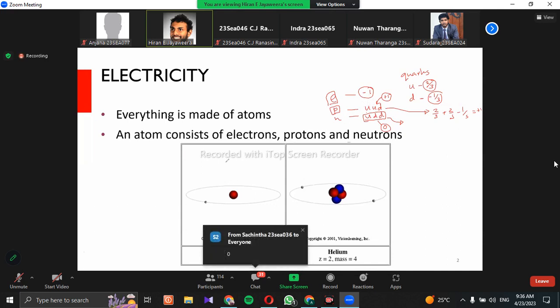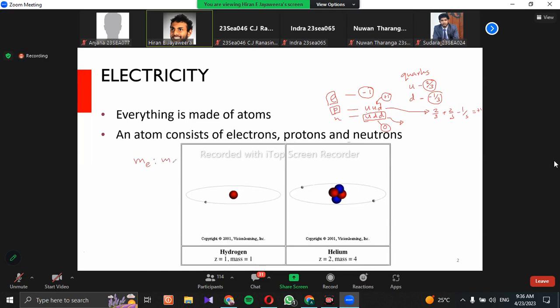Now, an interesting thing is, what can you say about the mass ratio, mass of electron to mass of proton? Can you tell me this ratio? Or mass of proton divided by mass of electron, what is the number?